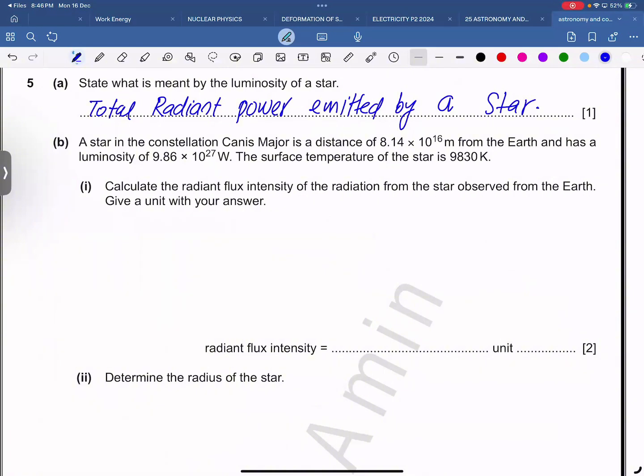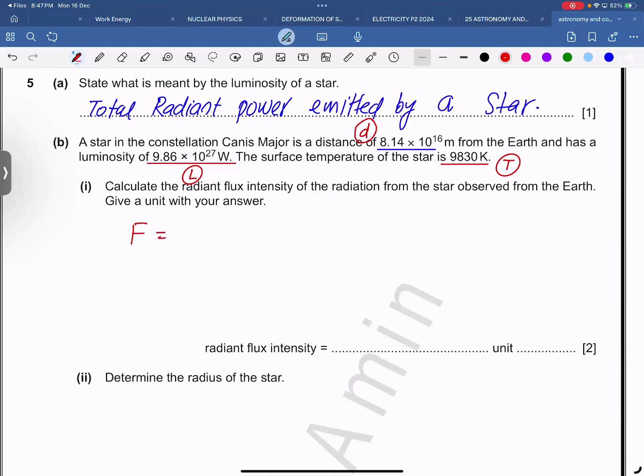A star in the constellation Canis Major is at a distance D from Earth, with luminosity L and surface temperature T. Calculate the radiant flux intensity.